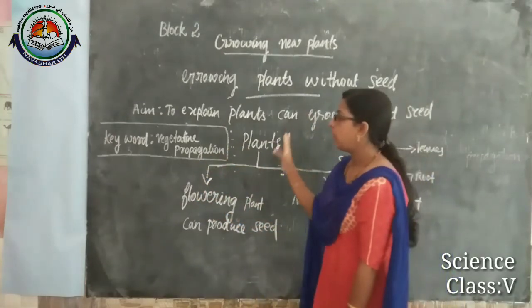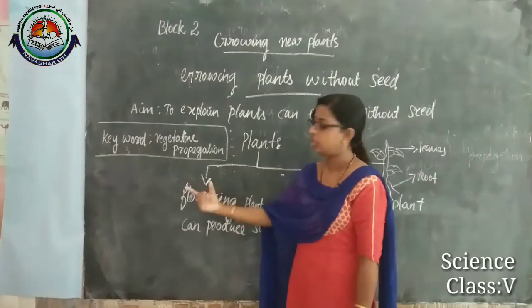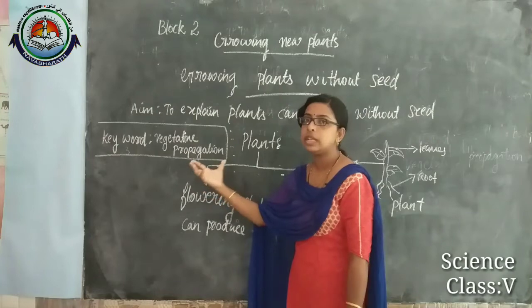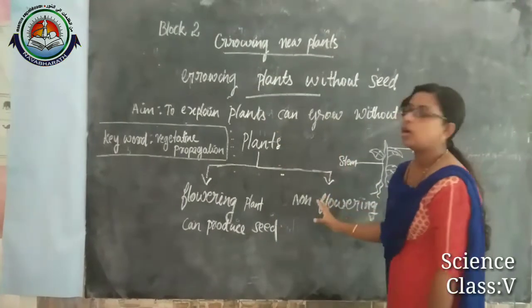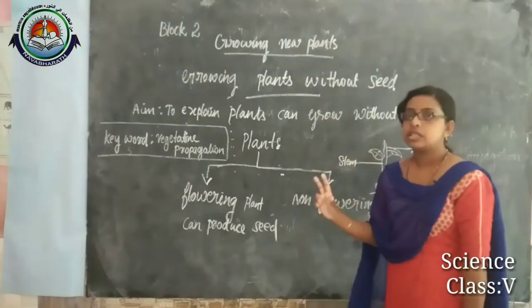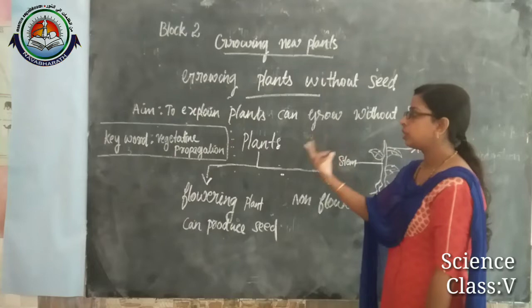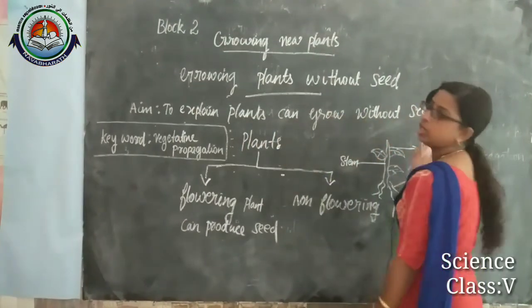Okay, that's all about this lesson. Our next lesson name is vegetative propagation, so we will learn in detail about it. That's all about our first lesson, growing plants without seed. In this lesson, we discussed how plants can grow without seed.